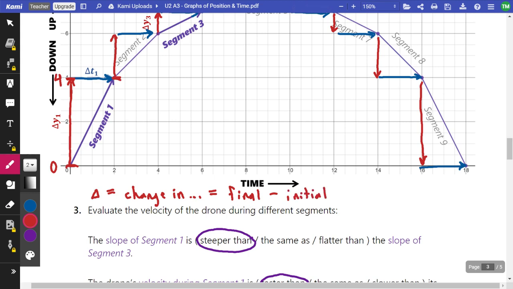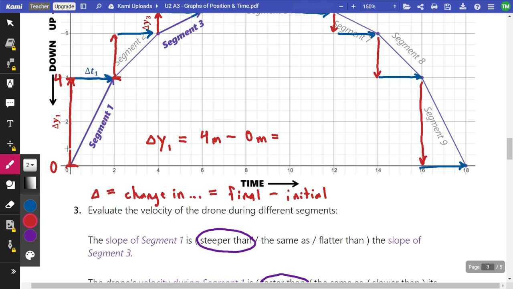So the displacement here officially would be delta y, the change in y, which is our vertical measurement, how far up or down it goes, for segment 1. It equals our final position, which is 4 meters, minus our initial position, which is 0 meters.